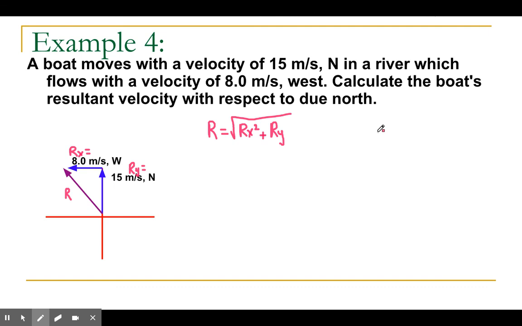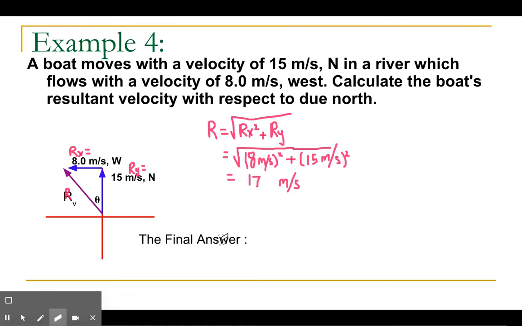Unpause the video when you are ready to check your answer from the Pythagorean theorem calculation. As we square 8 meters per second added to the square of 15 meters per second, square root of the entire quantity, the resultant vector has a length of 17 meters per second.